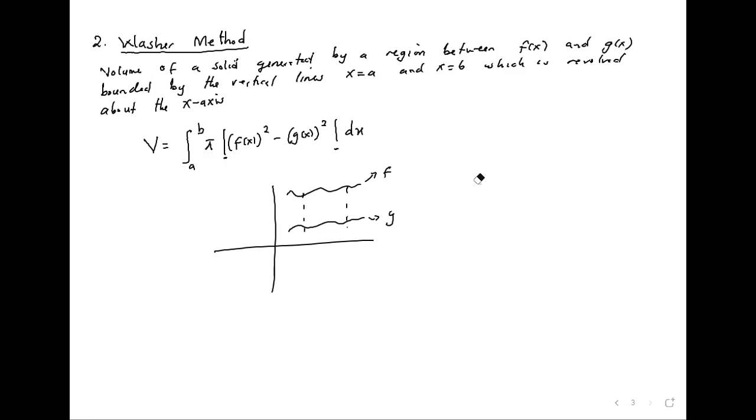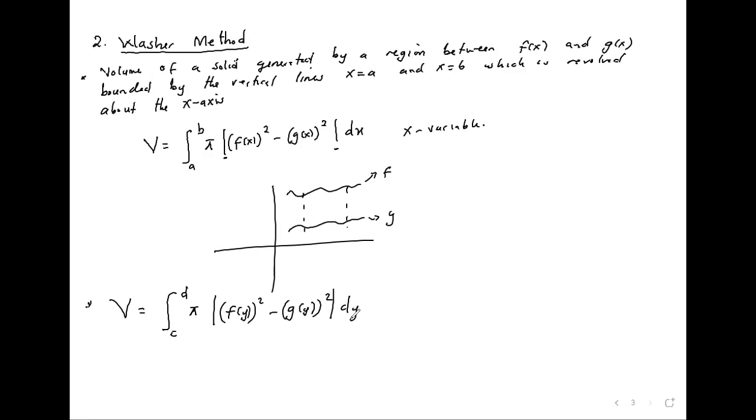Like that. So this was where x is a variable. But you could do the same thing with y now. You'd say maybe integral from c to g, and then pi here, and then f of y squared minus g of y squared dy.